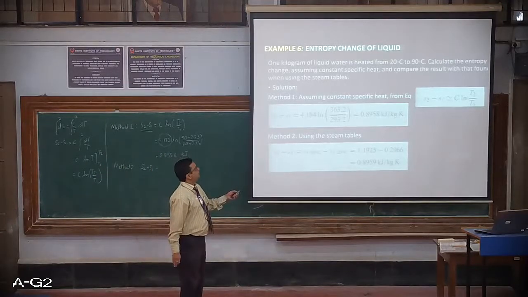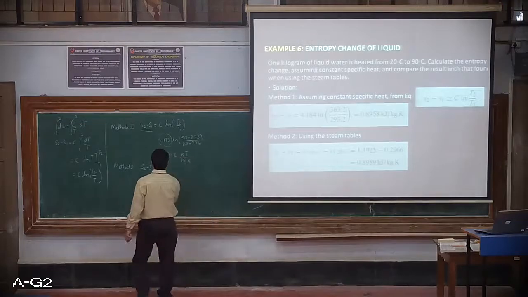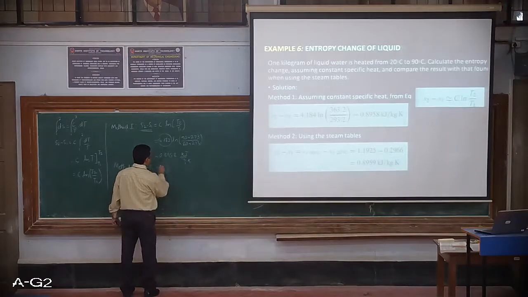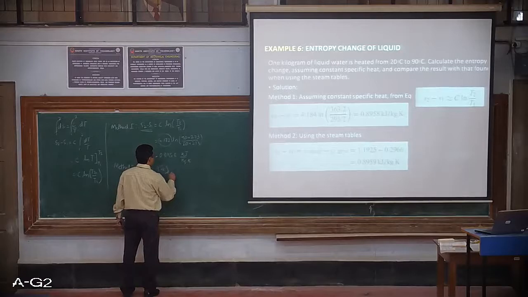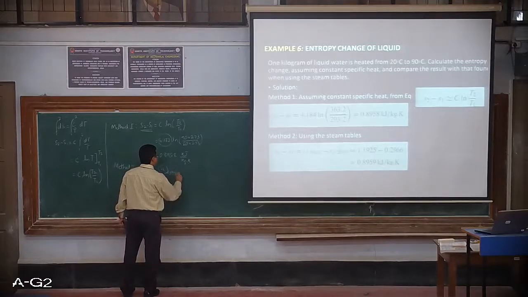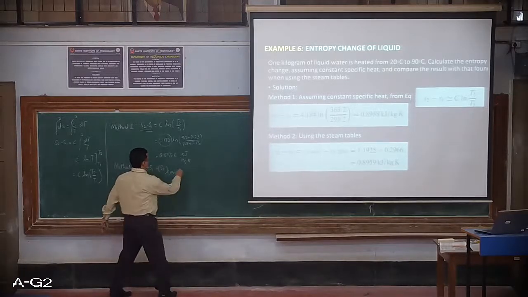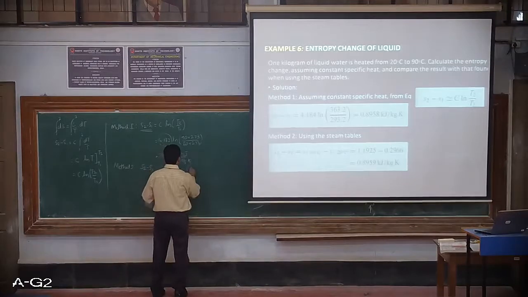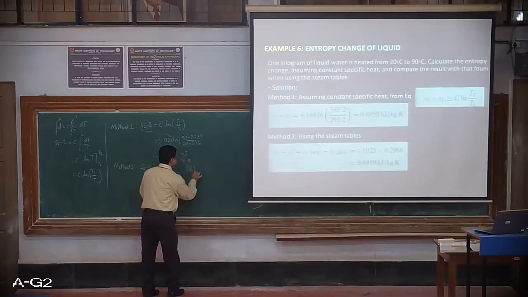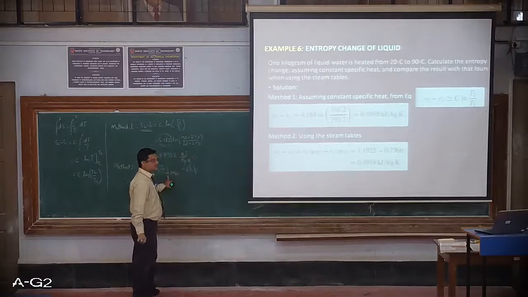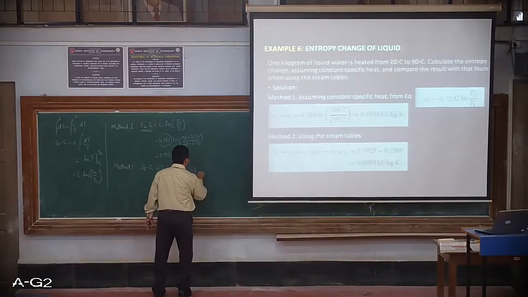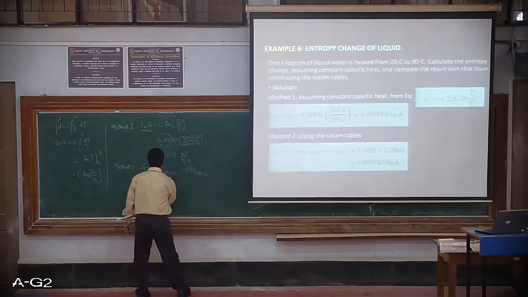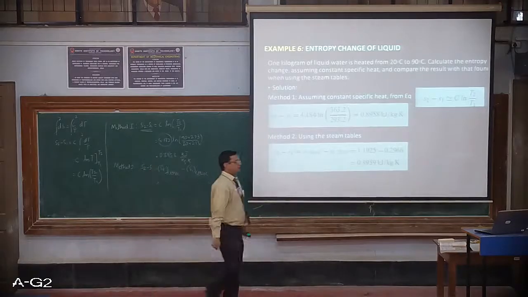So well within the range. The value of S2 is nothing but Sf at 90 degrees Celsius, state 2, minus S1, which is still in the saturated liquid state but at 20 degrees Celsius. So you need to find this from property tables.